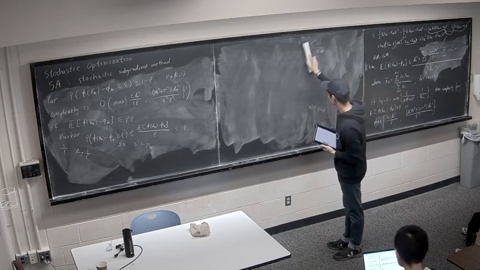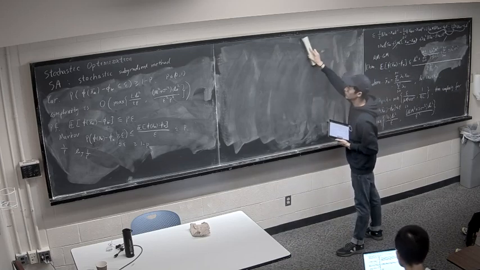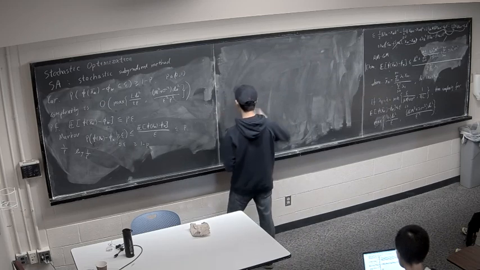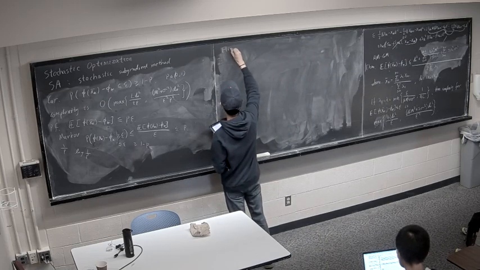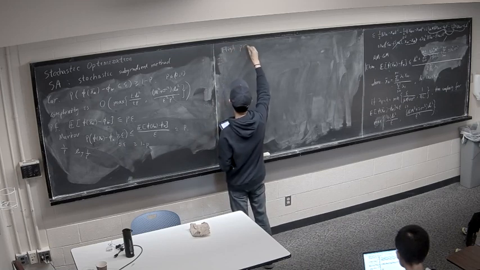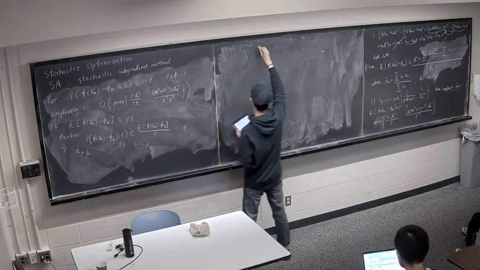For example, we can assume a subgaussian distribution of the noise. So that's the second part of SA. It's the high probability result, convergence with high probability, but with stronger assumption.